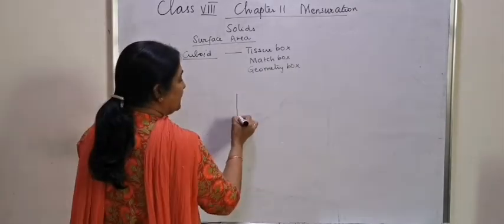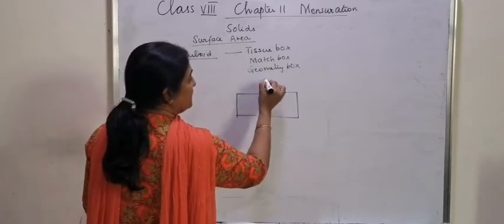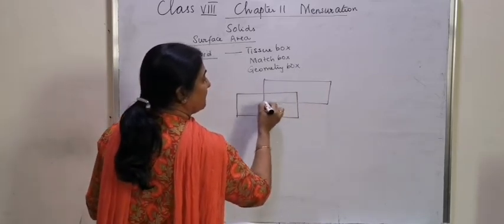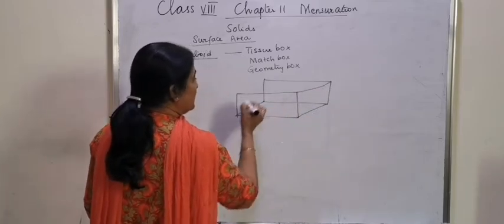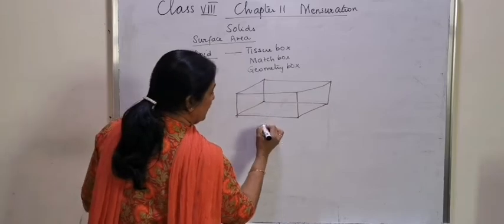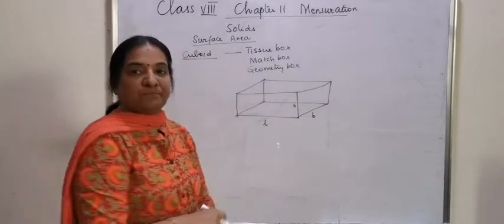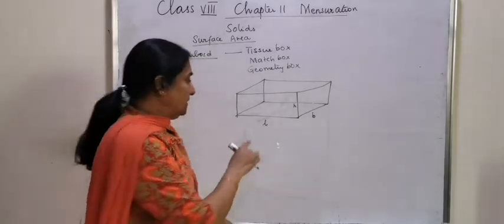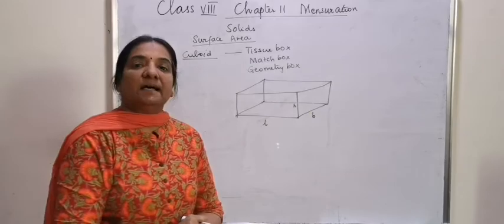A cuboid, if you want to represent it, can be represented in this way. It has three dimensions of length, breadth and height. It's a three-dimensional picture. It is having length, breadth and height.